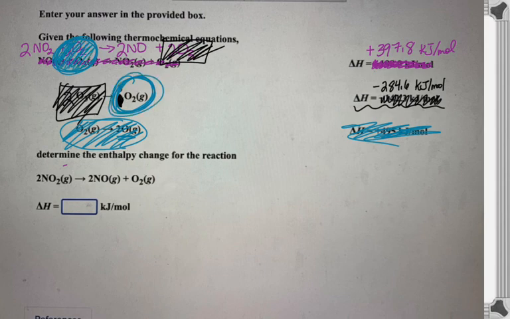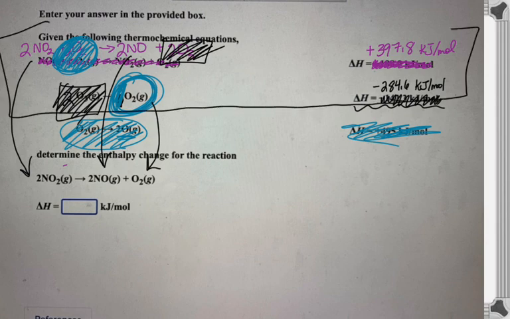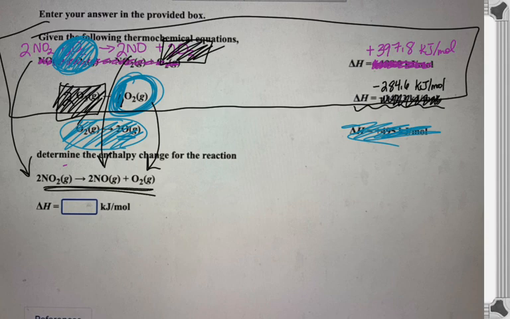And on this one, if you've got 3 and you subtract 2, you'll be left with 1. Okay, so just leave 1 there. And now look at what's left. 2 NO2s yields 2 NOs and an oxygen. These top 2 equations will add up to be what you wanted.